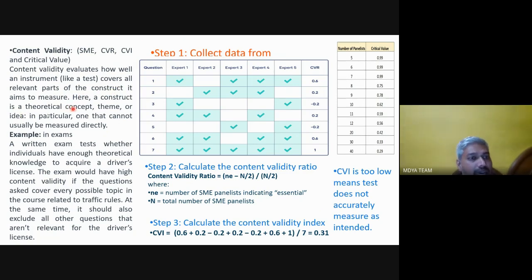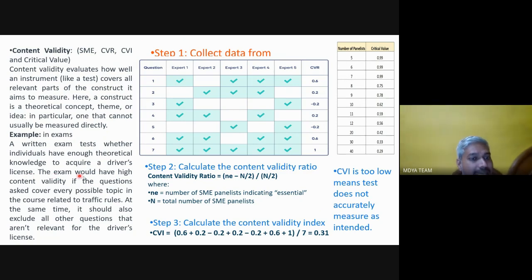And here a construct is a theoretical concept, theme, or idea in a particular one that cannot usually be measured directly. So here is an example for content validity. A written exam tests whether individuals have enough theoretical knowledge to acquire a driver's license.